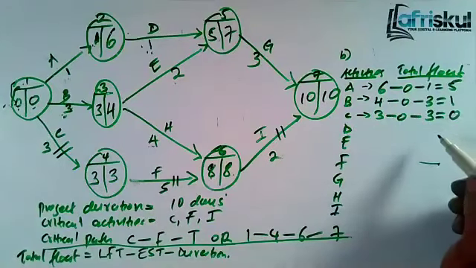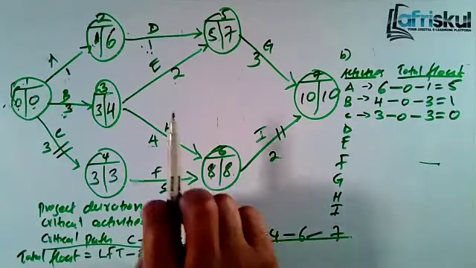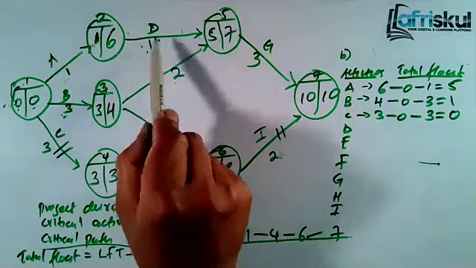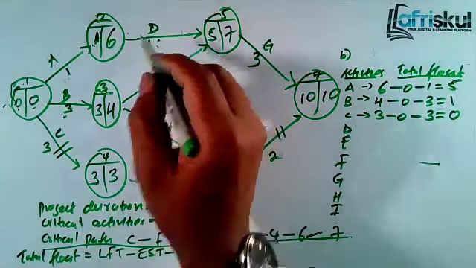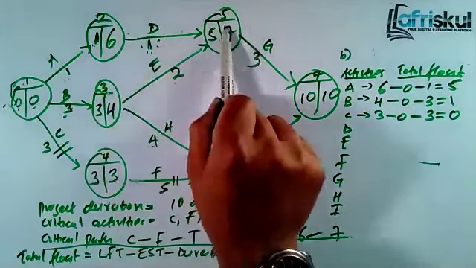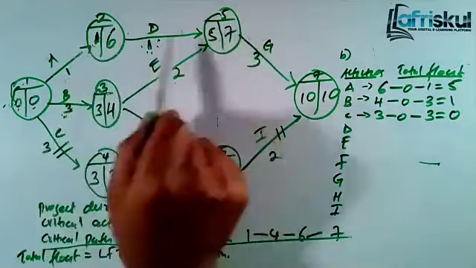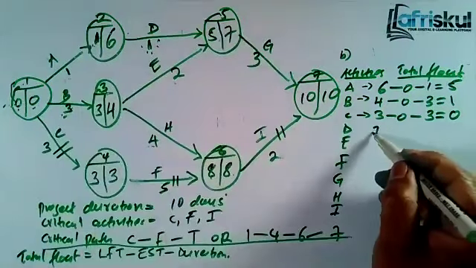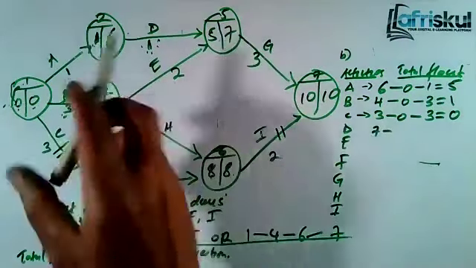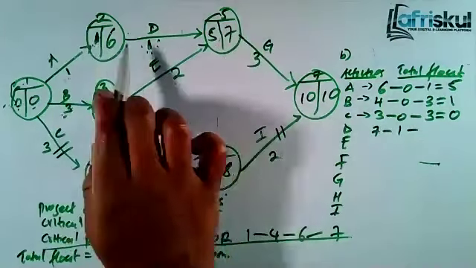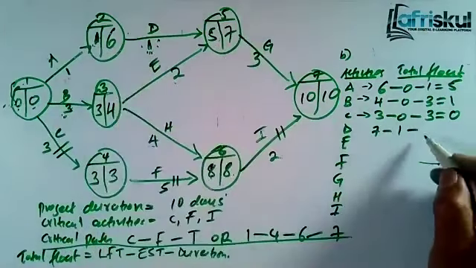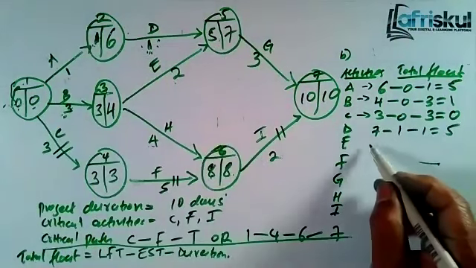And you'll get 0. So D, now let's go to D. It will be 7 minus 1, and the duration was 1. And you get 5.